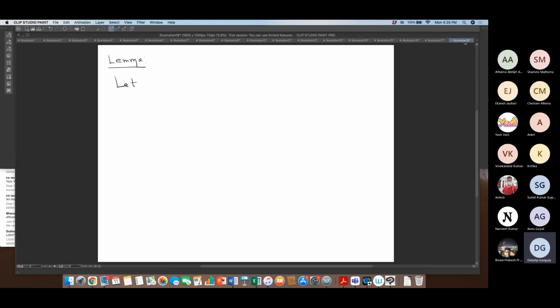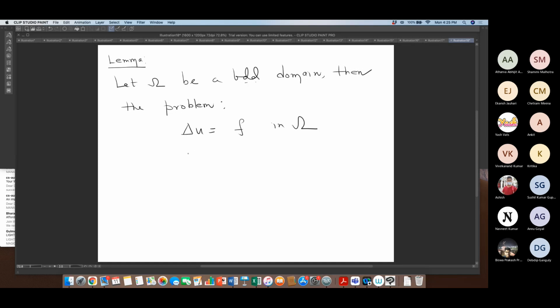Okay, the lemma says: let omega be a bounded domain. Then the problem, Laplacian u equal to f in omega, with u some constant function on del omega, has at most one solution.